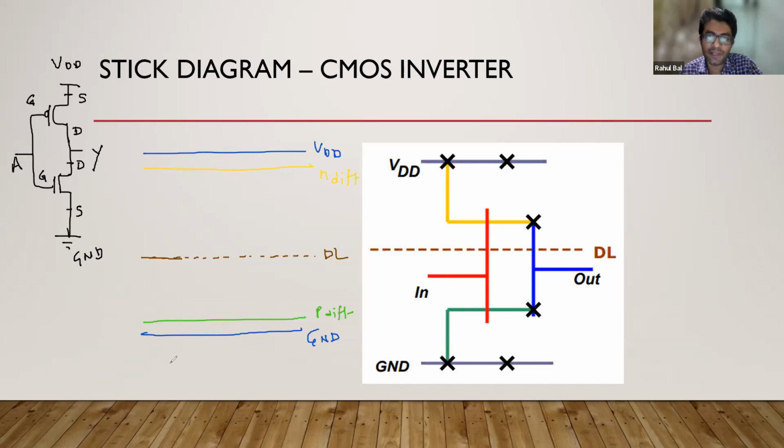If there are three variables, A, B, C, you have to draw three polysilicon lines, that means three red lines. So if there is only one input variable, you have to draw only one red line. You have to remember this trick to draw the stick diagram easily. So only one input A is there, so we'll draw only one red color line.